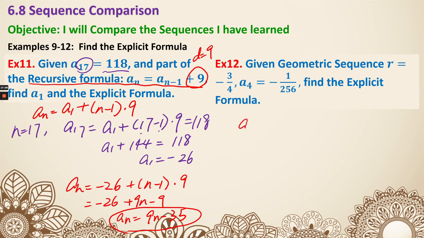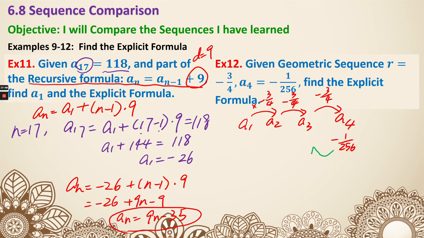I'm given a sub 4, a sub 1, a sub 2, a sub 3, and a sub 4. My r is, so if I'm going this way, multiplying by negative 3/4. And my a sub 4 is negative 1 over 256. Now I'm actually going backwards.